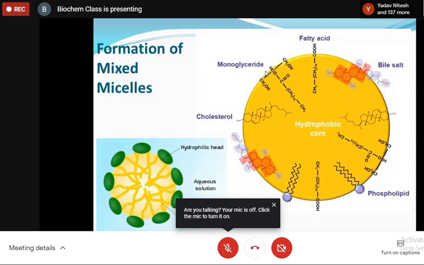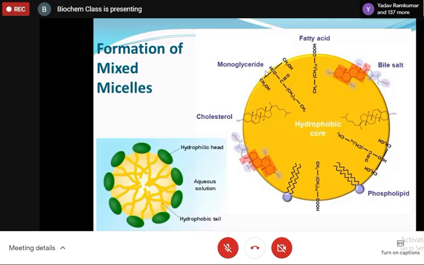This is the cholesterol. See how it is arranged. The hydrophobic cholesterol is present towards the inside, and the only hydrophilic portion of cholesterol, which is the OH group, is directed outwards. Same with monoacylglycerol, same with fatty acids, same with bile salts and phospholipids.